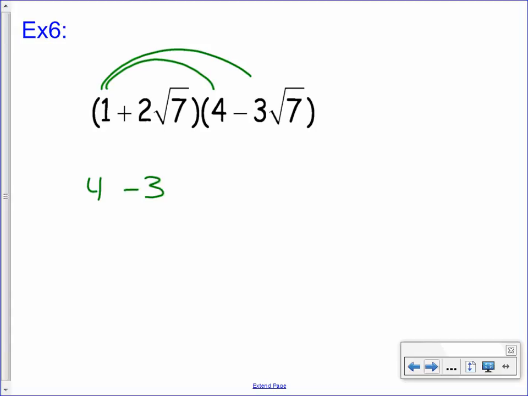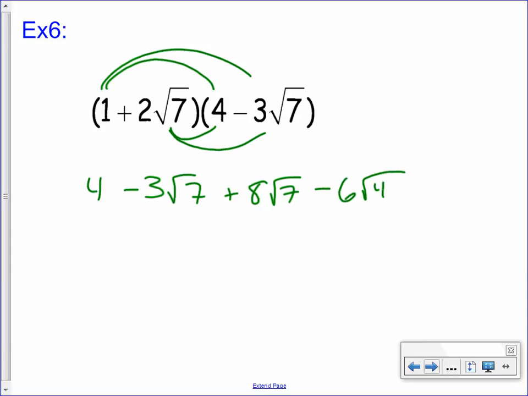1 times 3 minus 3 roots 7 plus 8 root 7. There you go, Adrian. Minus 6 root 49, which is going to be 7. Spoiler alert, right?